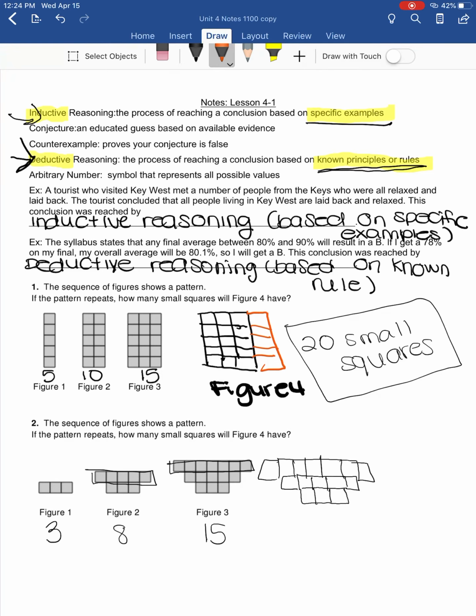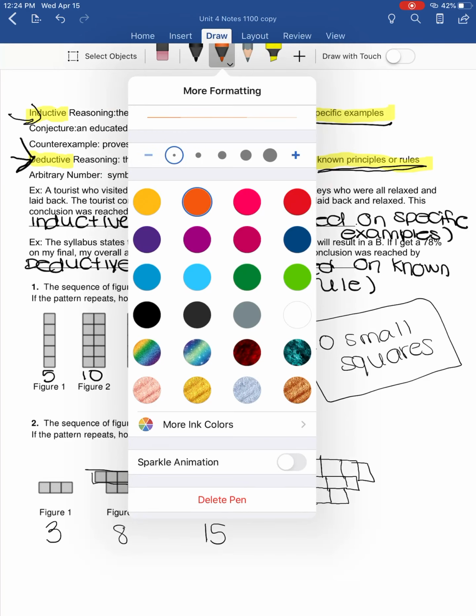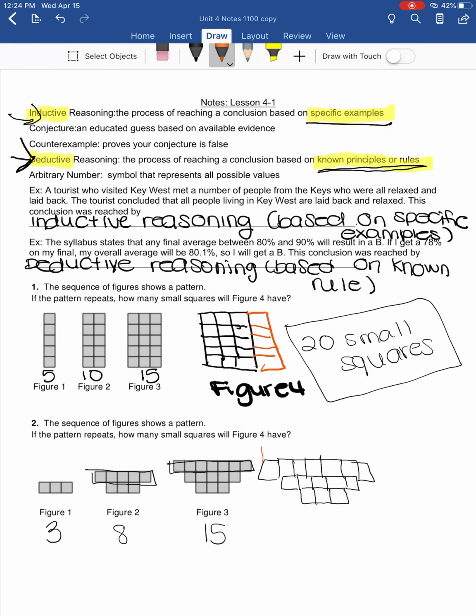So then if I have my next figure, I'm going to have the same 7, adding 1 on each end. So adding all of this up, my figure 4 will have, if I add this all up, 24 small squares.